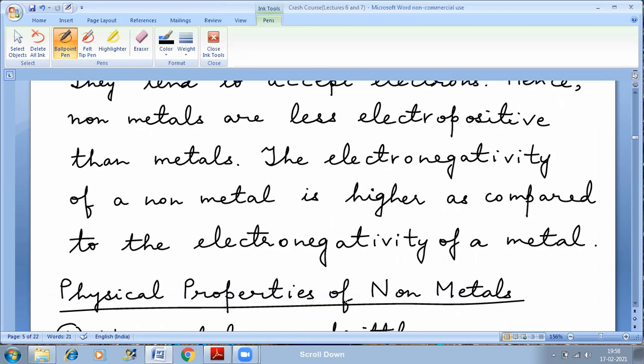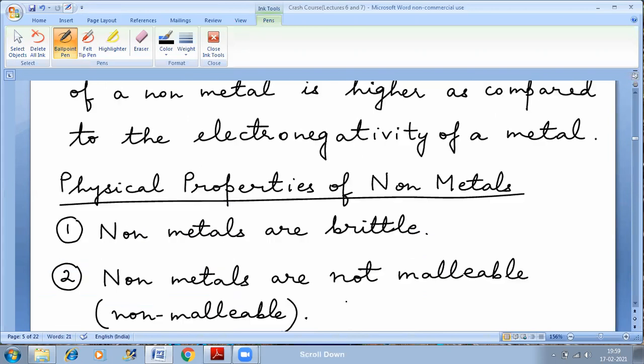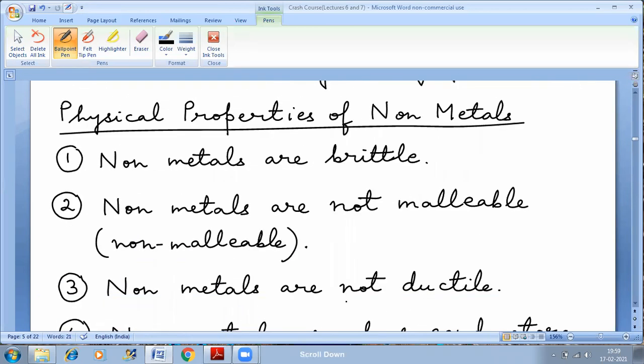So indirectly, I can say like this: the electronegativity of a non-metal is higher as compared to the electronegativity of a metal. Physical properties will be opposite to those of metals.